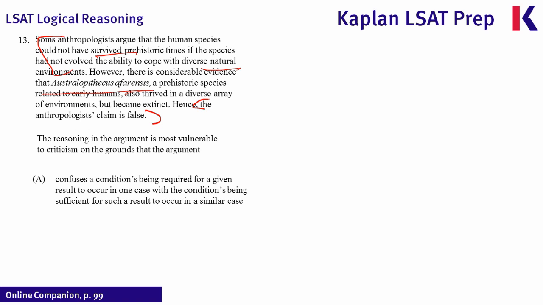But that would only be an exception if the anthropologists were arguing that human adaptability was sufficient, enough, the reason for survival, and they're not. They're just saying that for survival, human species needed that versatility. To point to one species, Australopithecus afarensis, that had that versatility and went bye-bye anyway, is sad for that species, but not, repeat, not an exception. Afarensis must have lacked something else needed to hang on.